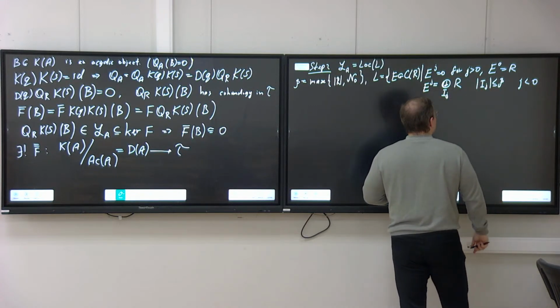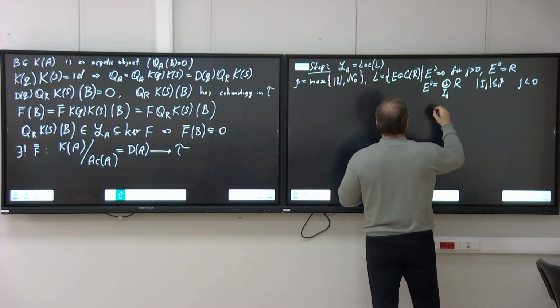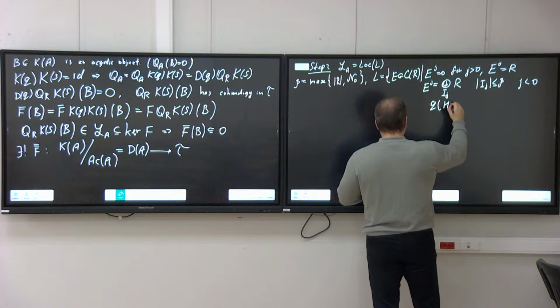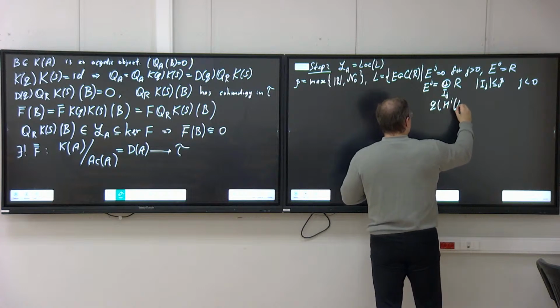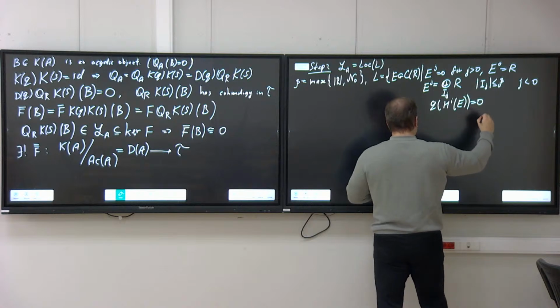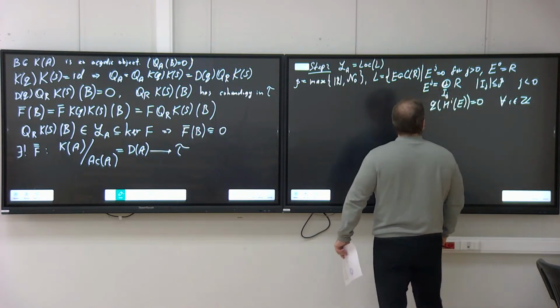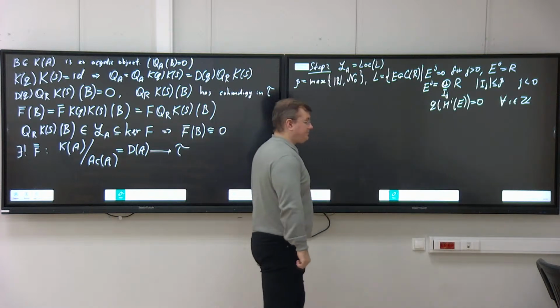and also the additional condition is that if I apply the Q to the cohomology of this complex, I'll get 0. So this is for any integer i. Well, of course, this is only interesting for the negative integers.